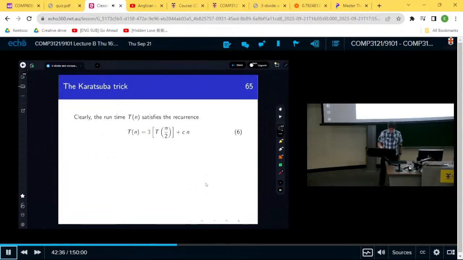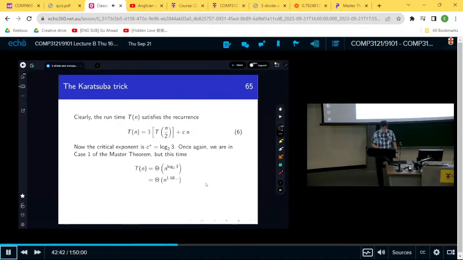So log base b of a is now log base 2 of 3. That's our critical exponent, which is roughly 1.58. And we are again in the first case of the master theorem, because n to the power 1.58 is much larger than f of n.